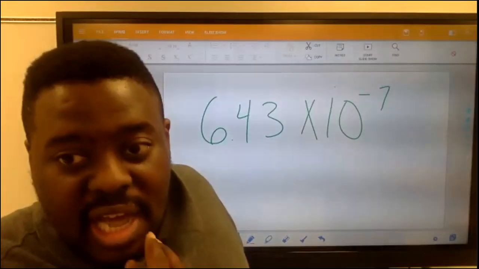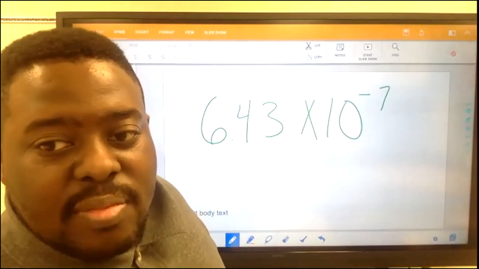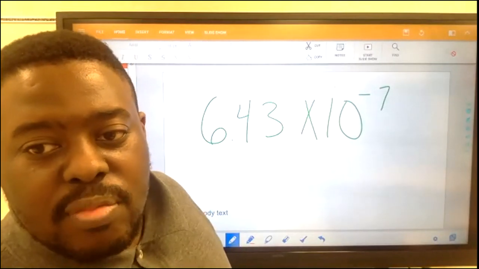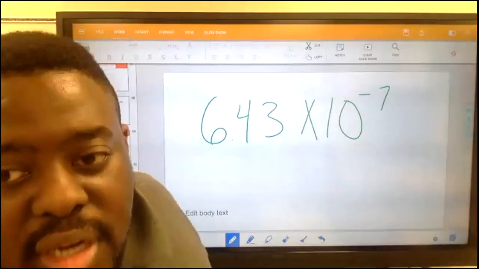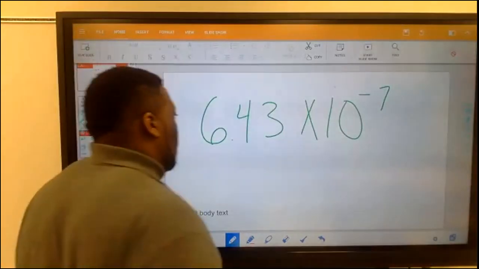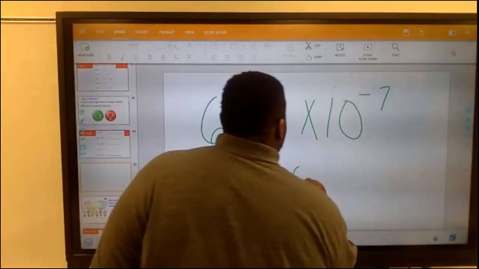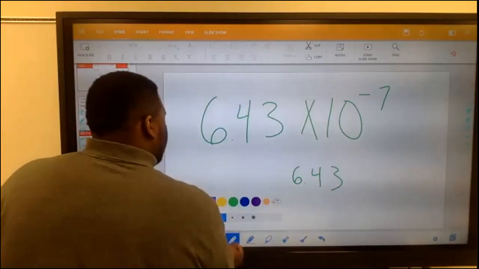Mr. Perez, you cannot have 2 decimal places. We start between the 6 and the 0.43, but you have to erase that point after you move it. You did move it, which is good, but you just cannot have 2 decimals right there. We start here at this decimal.